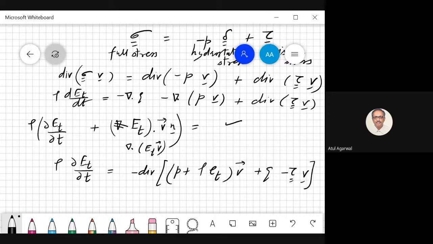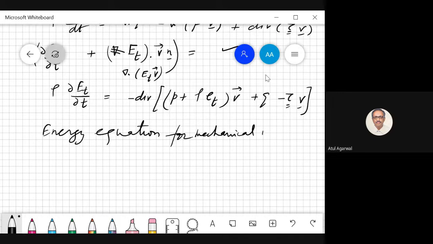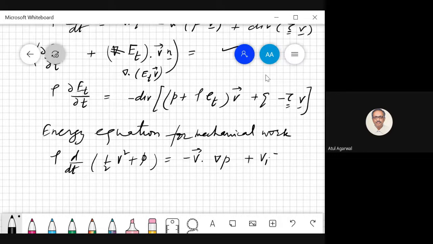you see we had earlier written an equation of mechanical energy. Let me write it again. So this was one equation we had written.